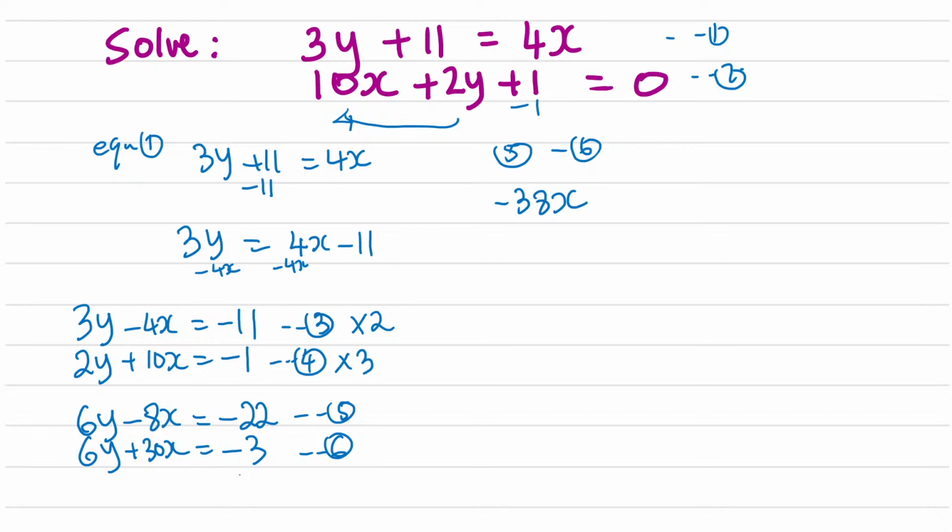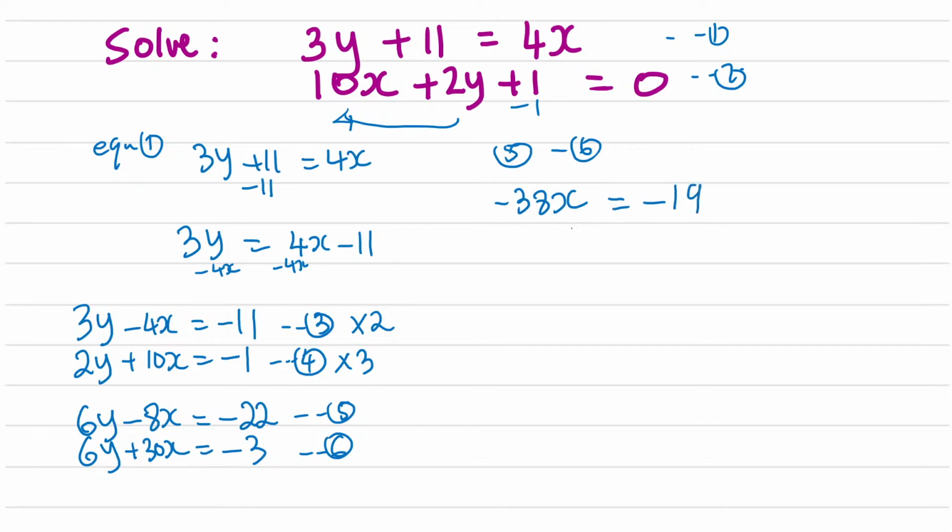What do we get? But by the way, this is an exam question, okay? So negative 22, take away negative 3. That becomes negative 22 plus 3, which is negative 19. So this is equal to negative 19.